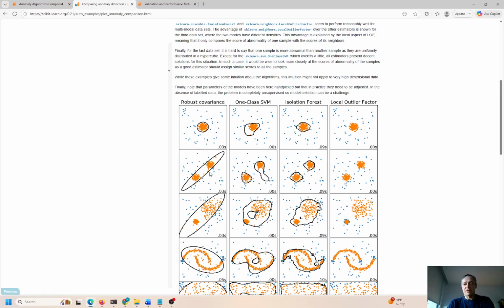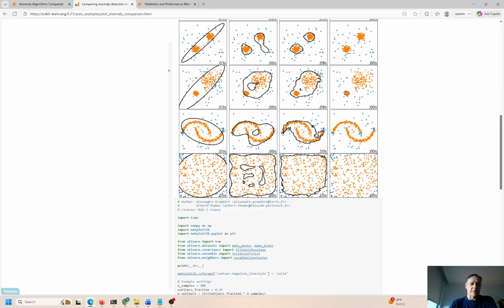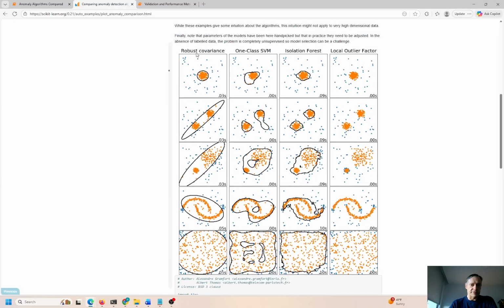It's called robust covariance. I can see kind of how this one works. You can see how each algo kind of performs a little different from the others, right? Robust covariance, so it's looking for things that move together. Covariance is items moving together, and it's robust. So it's, I guess, more flexible in terms of how it calculates its covariance. So these are moving together.